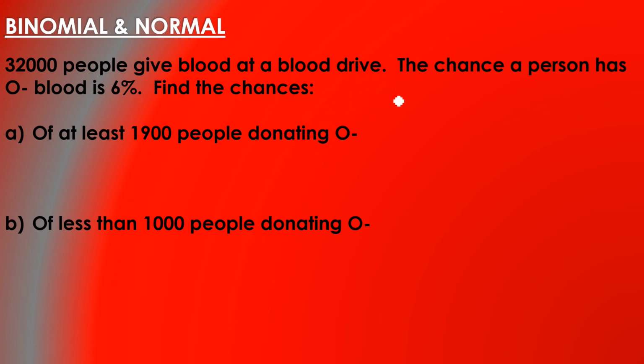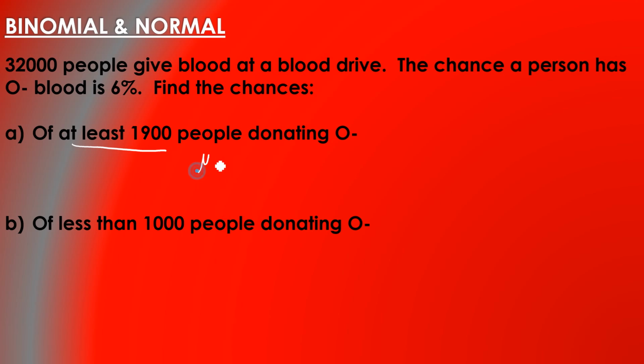Here's the example that we started with. 3,200 people are giving blood, and the chance a person has O negative is 6%. What's the chance that at least 1,900 people have it? Notice we can't do exactly 1,900 people, but we could do at least.